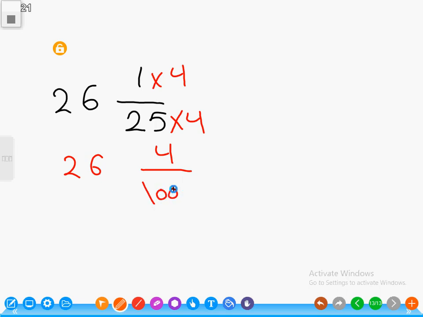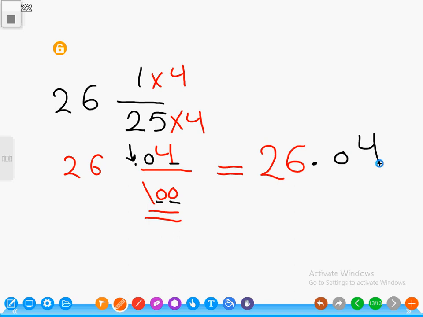So now we can write it as a decimal number because its denominator is 100. We will put 26 in the whole part. How many zeros here? 2. So we will put the decimal point after 2 digits. So we will put 0 and put the decimal point here. So 26.04.